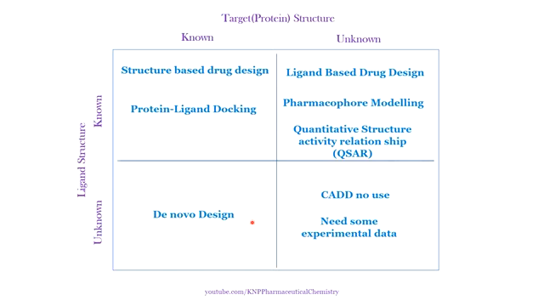And if we don't know any information, then CAD is of no use, because in order to perform CAD, one needs some experimental, biologically proved data, either regarding the ligand or the protein.